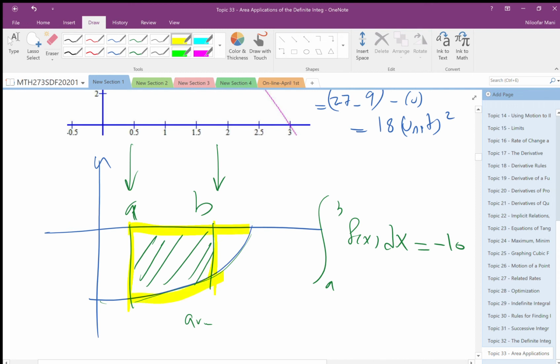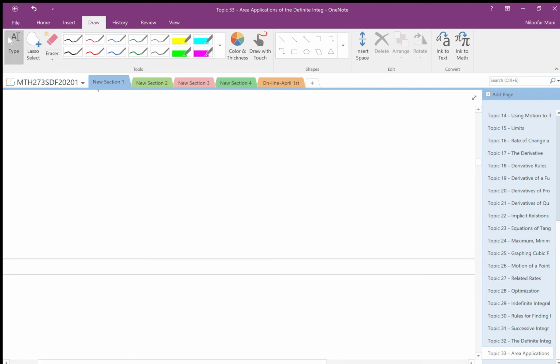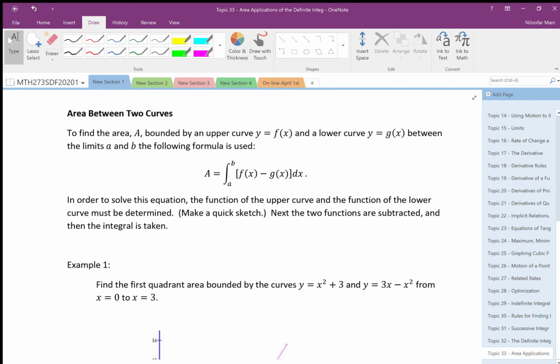So I say 10 unit squared because area must be positive. If I find a negative, that's fine because my function is negative, so the answer of the integral will be negative. But what is the area? The area is always positive.